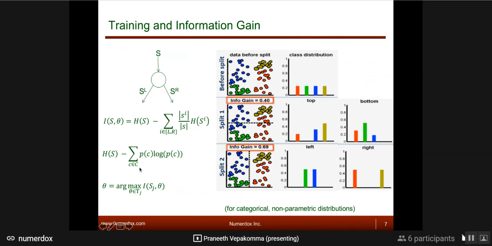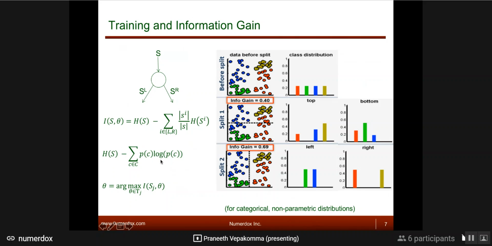This is supposed to be S, not C. So given any subset of events that is possible, you are summing the probability of every particular event in S multiplied by the log of the probability of that event, and then you sum this up. This gives you the value of uncertainty in your system.